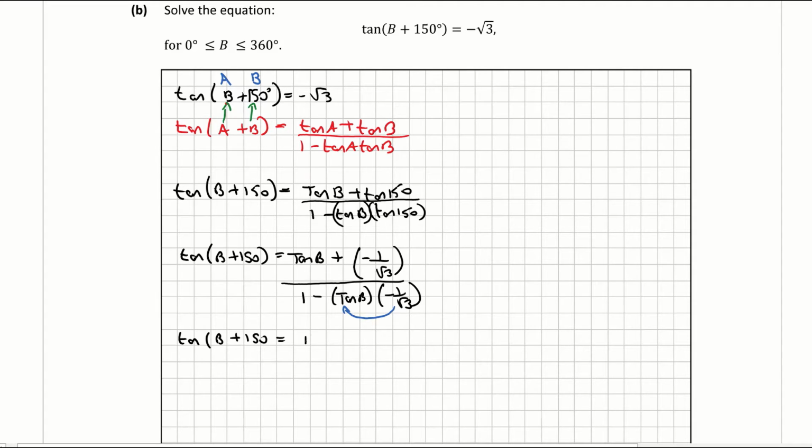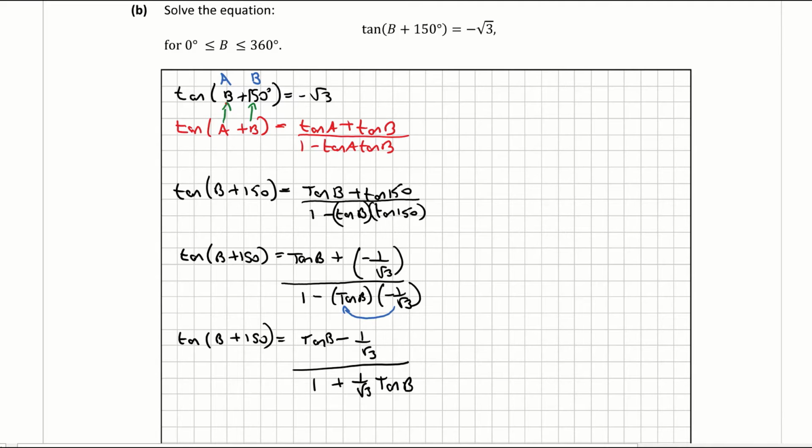So that's equal to tan B, taking this out of the bracket, minus 1 over root 3, all over 1 plus 1 over root 3 times tan B.